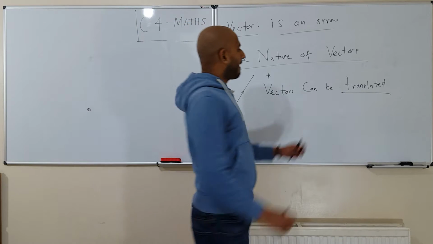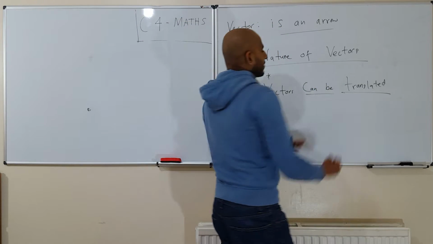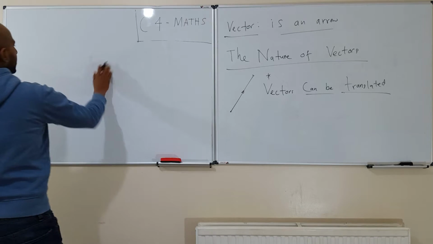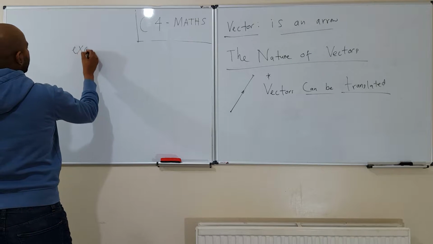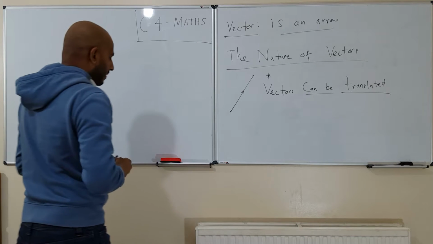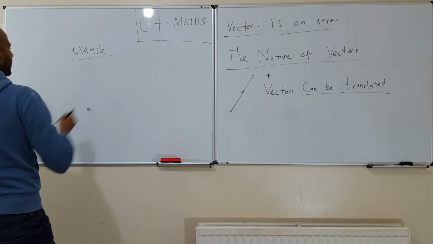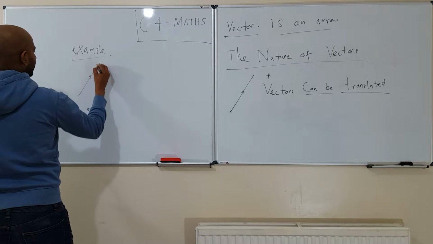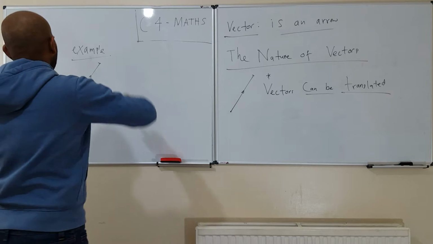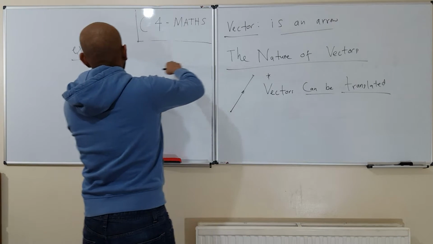Vectors can be translated. So, for an example, let's say there's a vector here. This vector can be moved like that, parallelly.